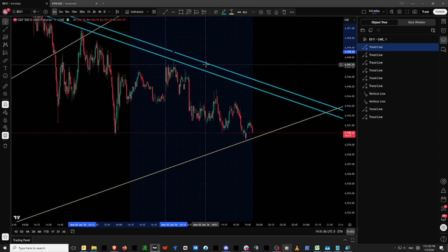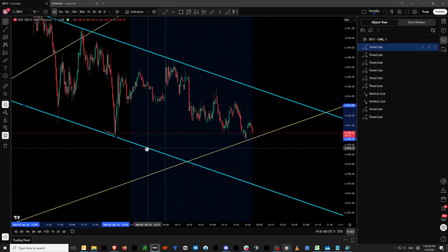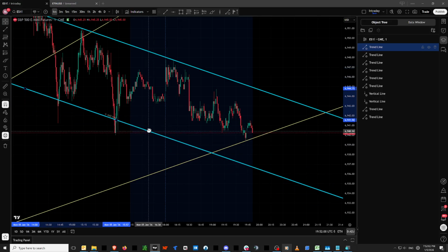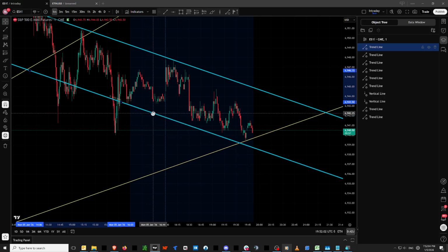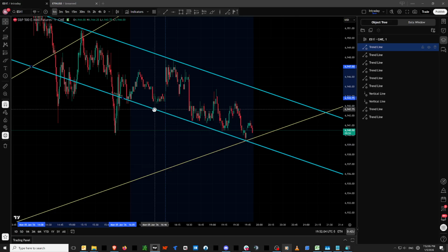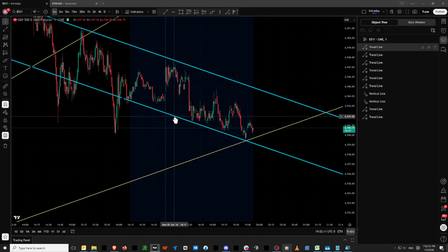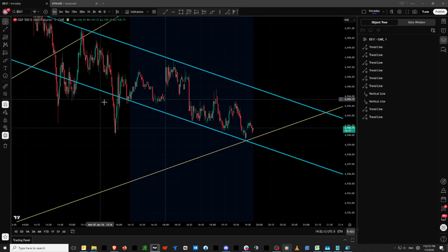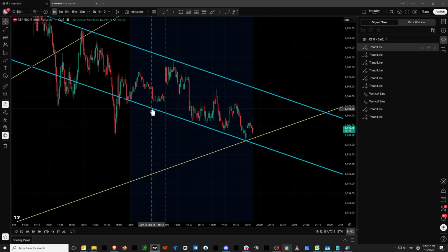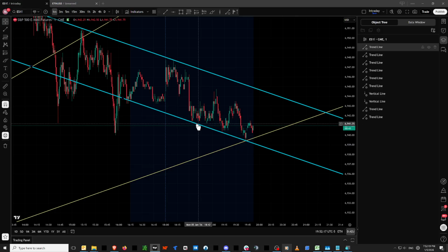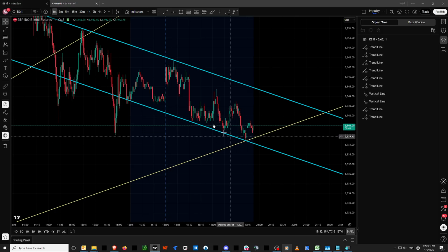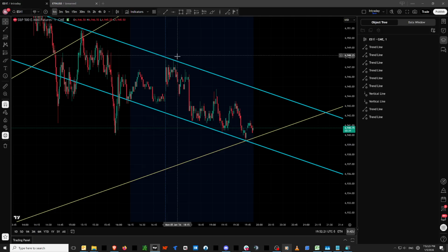Copy, paste. Doesn't make sense anywhere. All right, that kind of makes sense, but it's not a really clean one, so it's more of an area. Although, I don't know, 1, 2, 3 touches there.